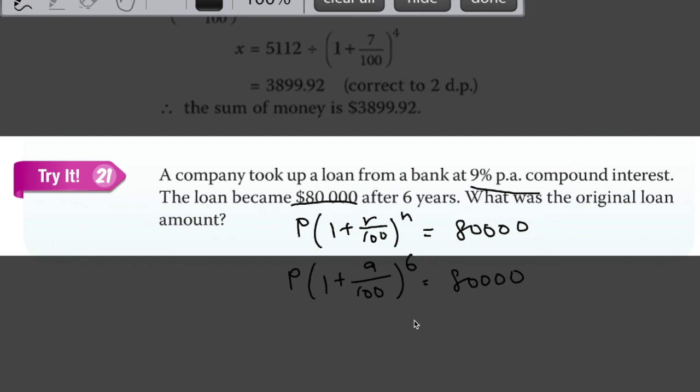How do we solve this? You want to find the principal amount. You will just use 80,000. This is a multiplication, so if I want to shift this whole thing over to the other side, it will be a divide away. You want to divide this away.